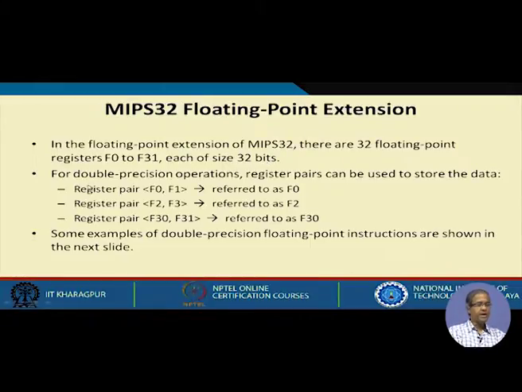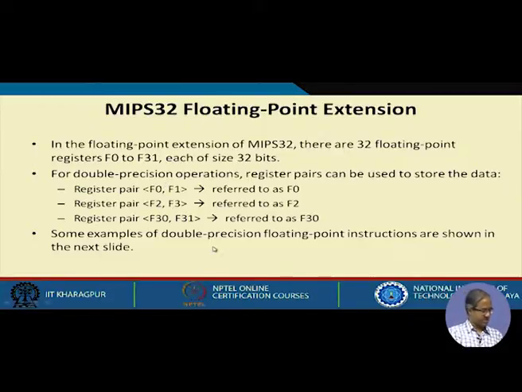When we work with double precision numbers, that means 64 bits, we can take register pairs, that means even and odd register pairs like F0 and F1 together, F2 and F3 and so on, and you name the register pair by the first one. F0 register pair means F0 and F1, F2 register pair means F2 and F3, similarly F30 means F30 and F31. So, like this you can use register pairs for double precision operations.